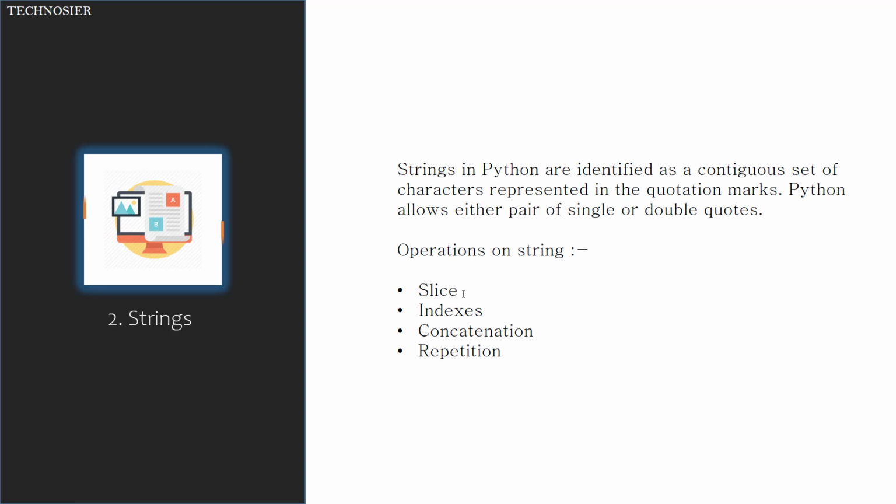Now talking about another data type in Python called strings. Strings in Python are identified as a continuous set of characters represented in quotation marks. Python allows either a pair of single or double quotation marks. You can see we have different operations on strings like slicing, indexing, concatenation and repetition.